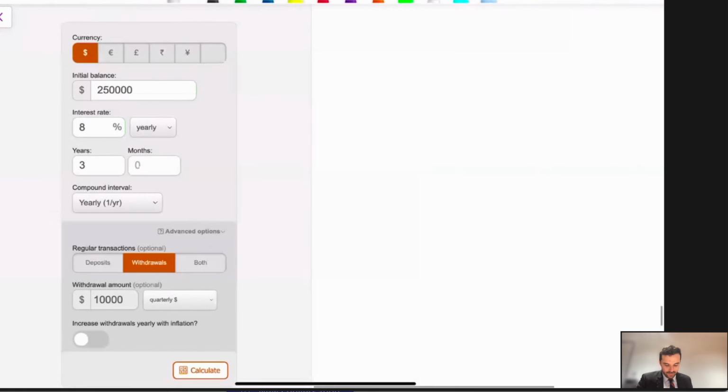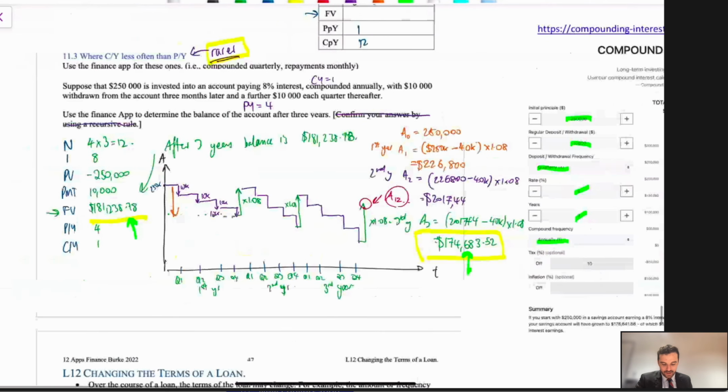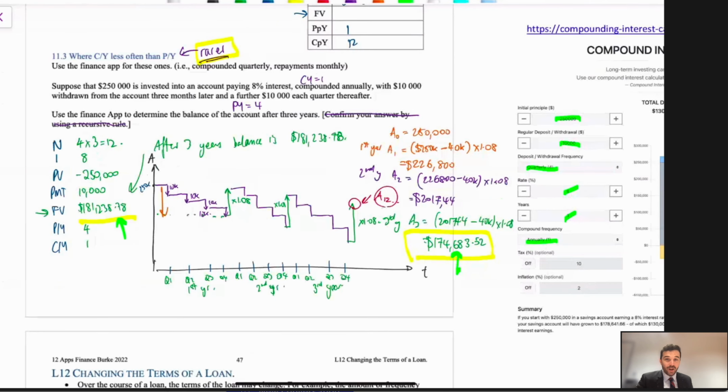I mean, that one there, 181,176, and this answer over here is quite similar, but overall, I'm not entirely sure. Personally, I think you couldn't take marks off of this. So I think the ClassPad, you'll definitely get, I think, full marks for that one. And I'd be leaning towards that method versus this one, although I think that this strategy, personally, is more convincing.